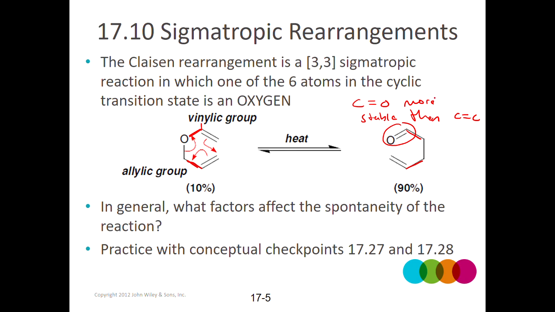We've seen that before when we were talking about enols and that enol rearrangement. So if you recall, last semester, near the end of the semester, we did a reaction that converted an alkyne into an enol.